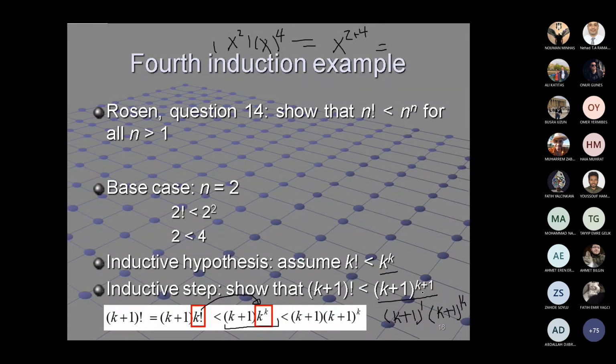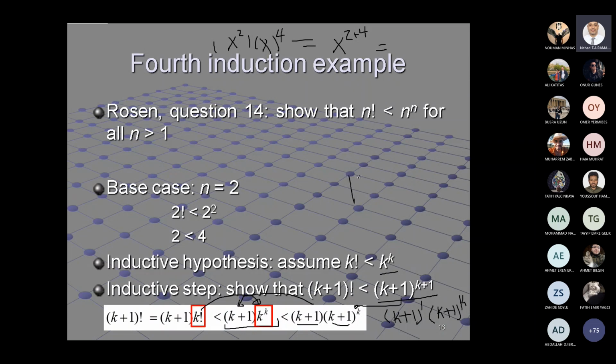Okay, so this one here, it's more than this one. It's clear because we have k plus 1, and instead of k to power k, we have k plus 1 to power k.